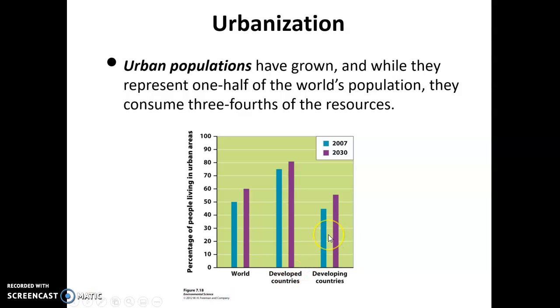There are cities like, let's say, Beijing in China, which may be in a developing country, but the city itself is economically developed. So you can see that the trend is toward increasing urban population, and that's important to us because that also means increased consumption patterns.